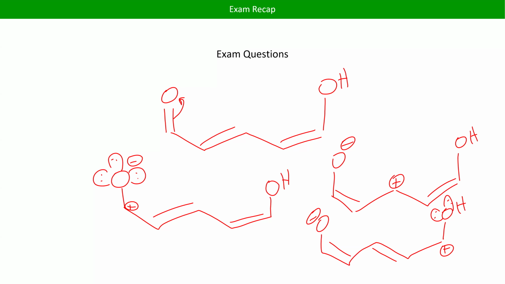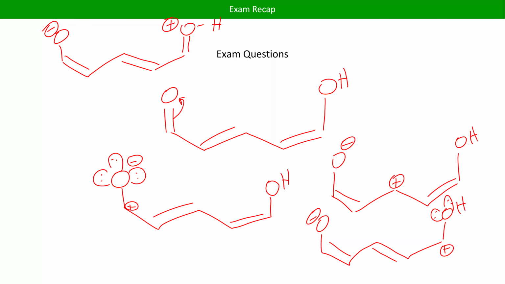So your final resonance structure will look like this. There's a total of 5, including the one you started with.